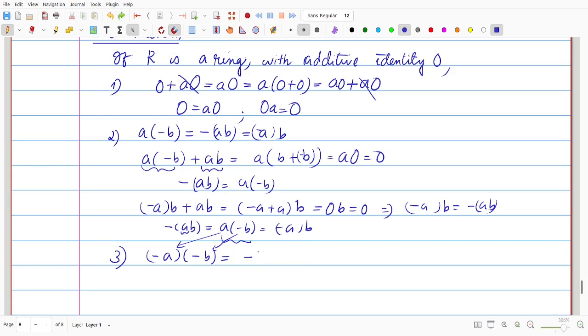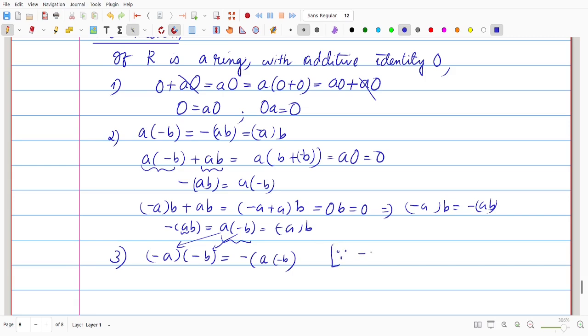So I write it in this form. This is the same as minus of a times minus b. When you consider this element minus, by substituting, I will put it in the bracket here.